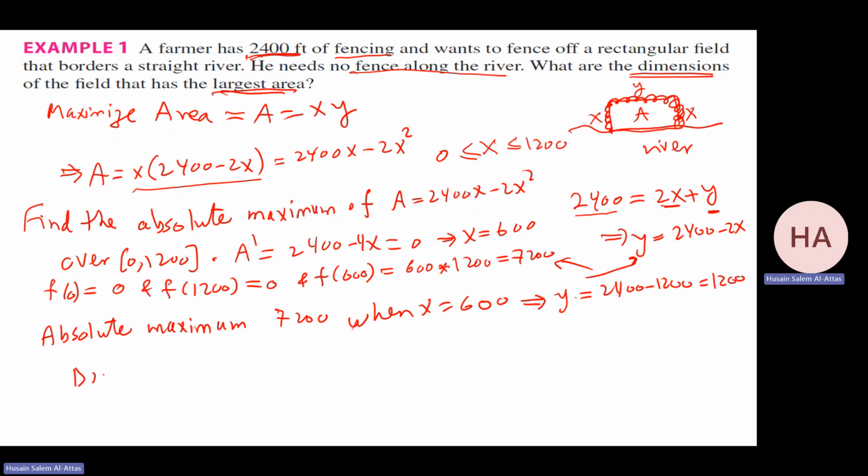So the dimensions are 600 by 1,200. If you ask about the largest area, that will be the maximum. Okay, it depends on the problem. I think it's very clear.